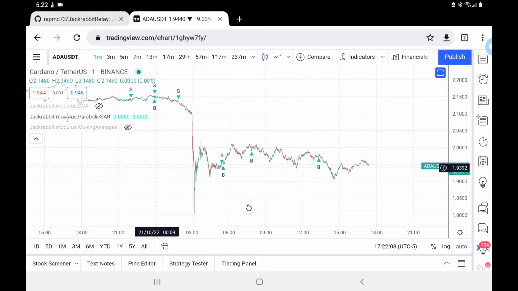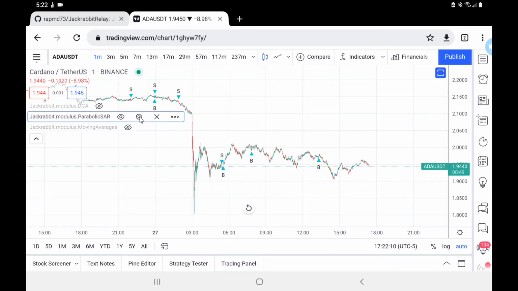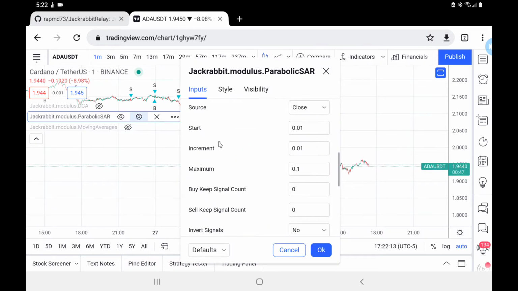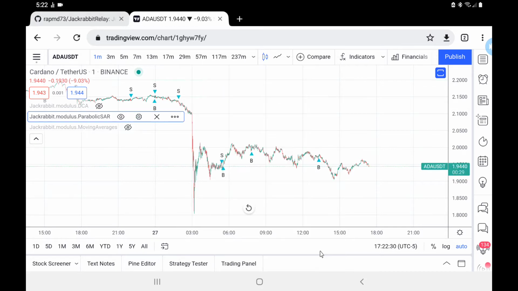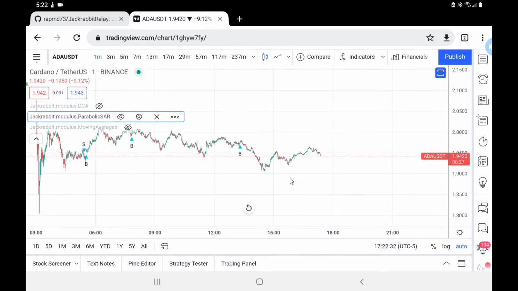Now I have this set up slightly different than normal. It is a little more restrictive and more narrow than a normal parabolic SAR, because I want to try to squeeze out those small tiny bumps in the candlestick. And in the 1 minute chart it's very difficult to see.